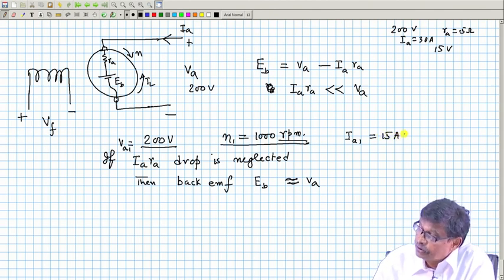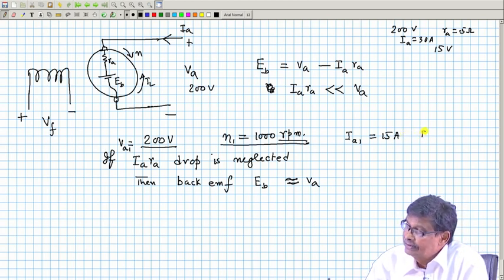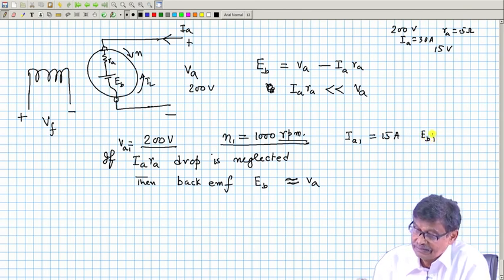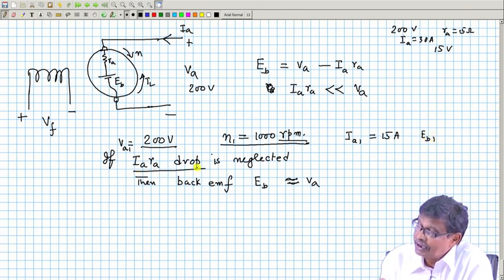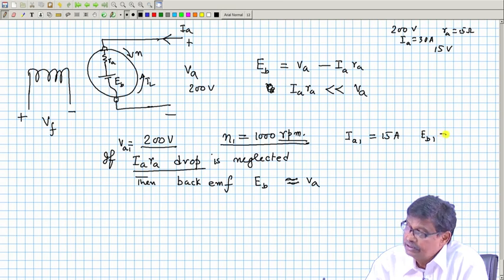That means the machine is loaded. Then what is E_b1? With the Ra drop neglected, E_b1 is also equal to 200 volt.